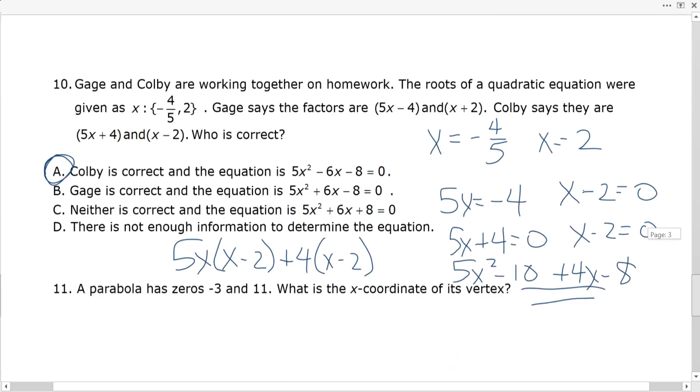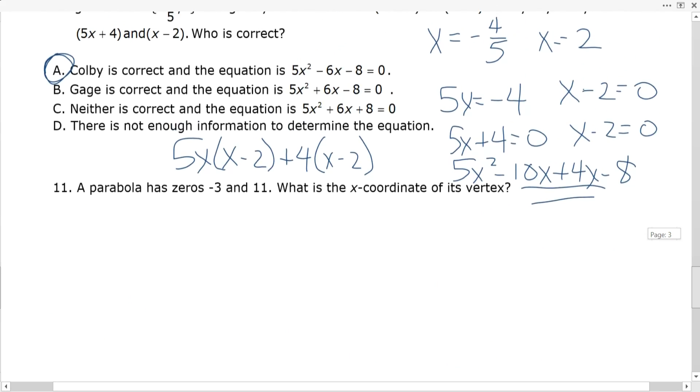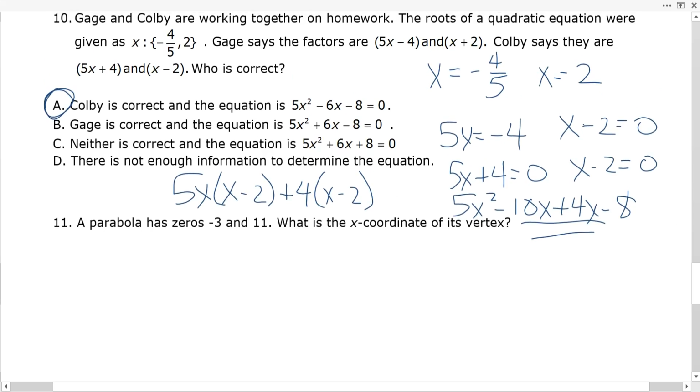Okay, number 11 has a couple steps. So the first thing I'm going to do is find my quadratic equation.